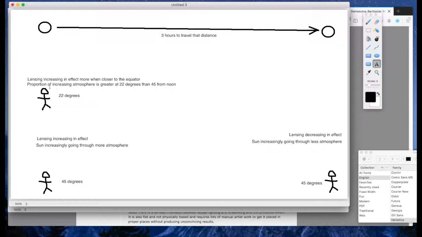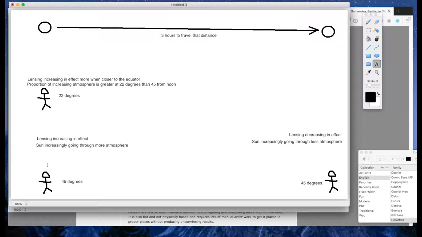So the lensing has to account for the individual at different latitudes. And the proportion is also changing different for different observers at different latitudes.